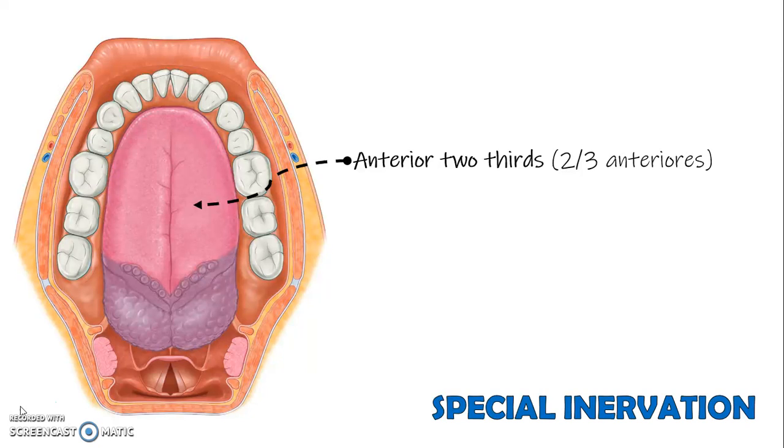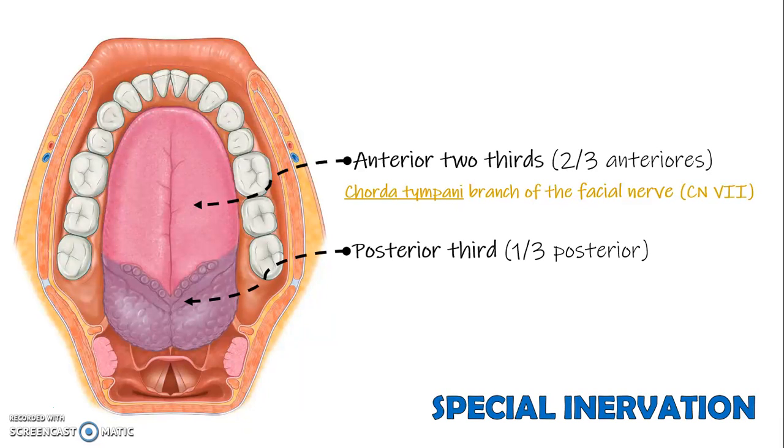The anterior two thirds, which is the pink area, is innervated by the chorda tympani branch of the facial nerve, and the posterior third, the purple part, is supplied by the lingual branch of the glossopharyngeal nerve.